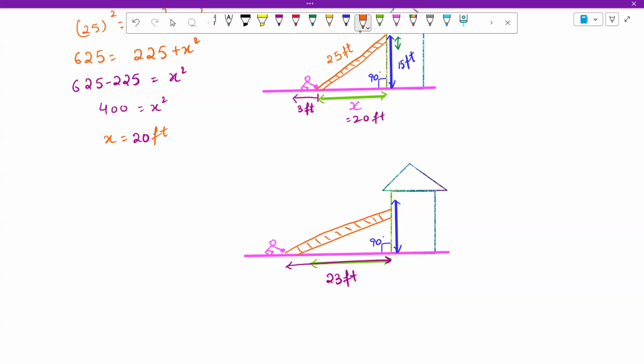So the height must have reduced. We don't know how much is reduced, but we know it is reduced. Let me call this y because x we have already used. So this height is y now. Do you think the ladder's length will change? No, right? So it's 25 feet still.